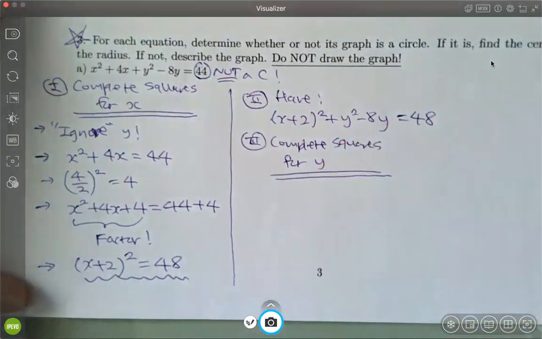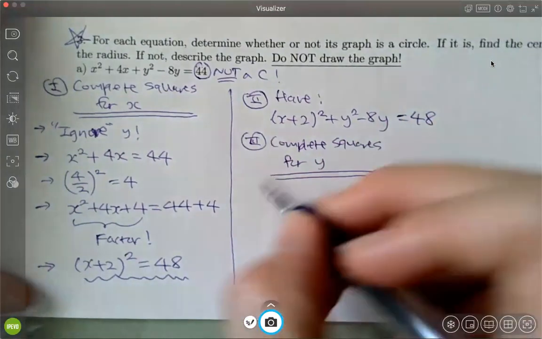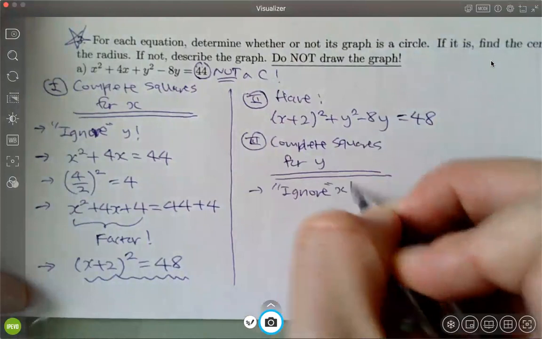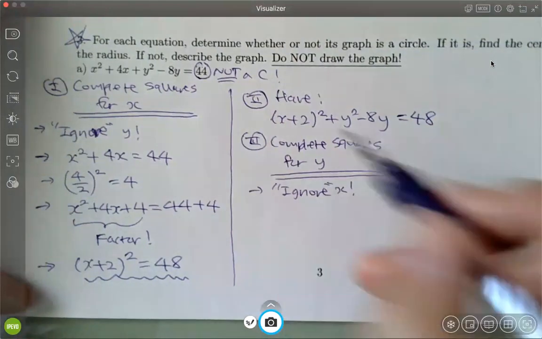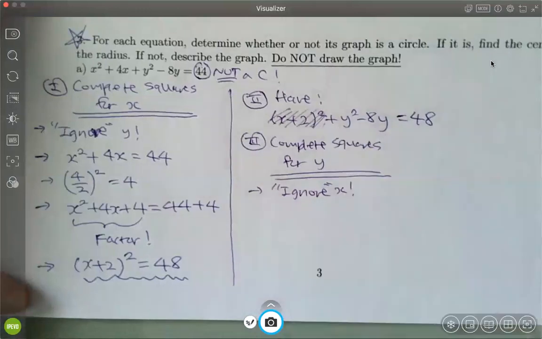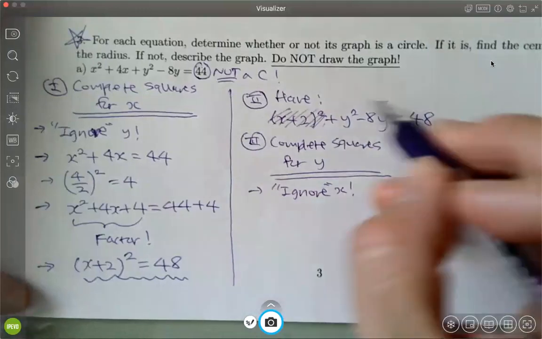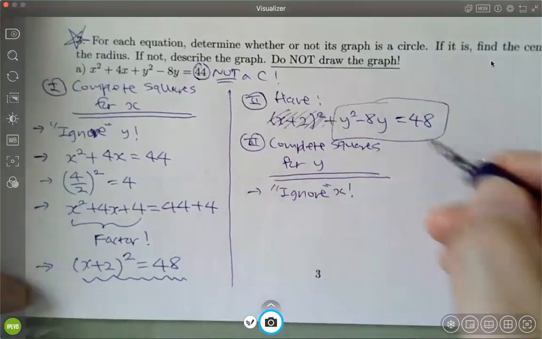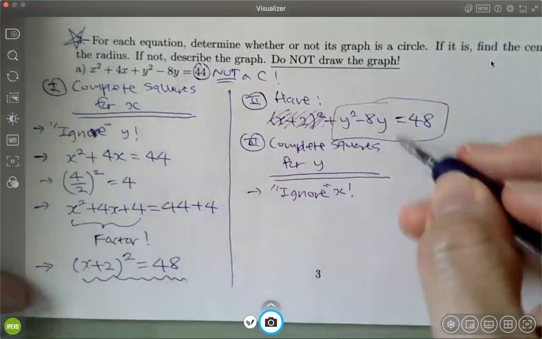So what does that mean? We do the same thing, so now we ignore x. Don't look at this for now. Just look at this part. So what do we do? Do we move 48 to the left-hand side or no?